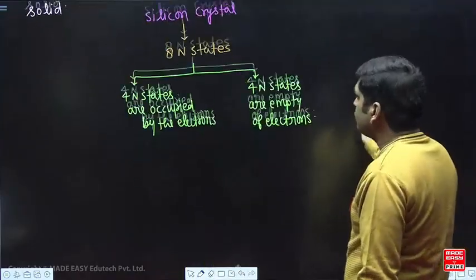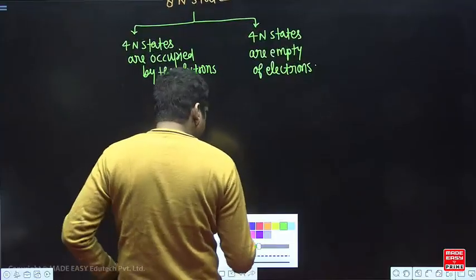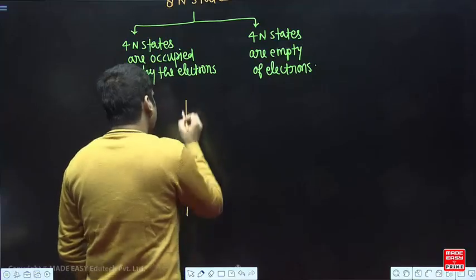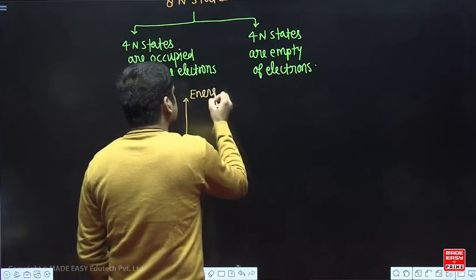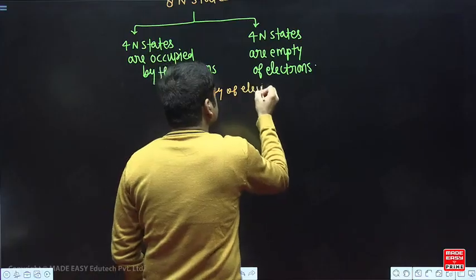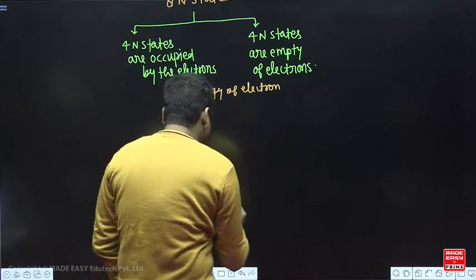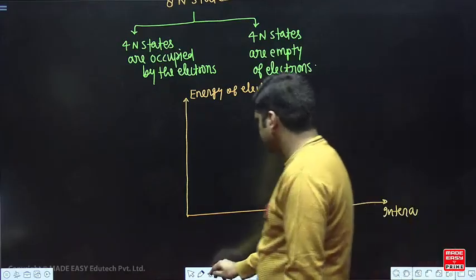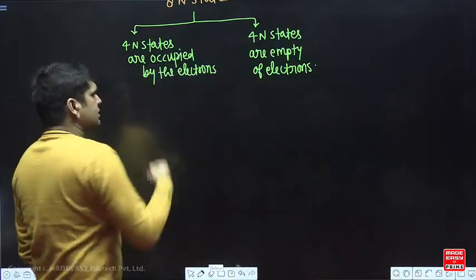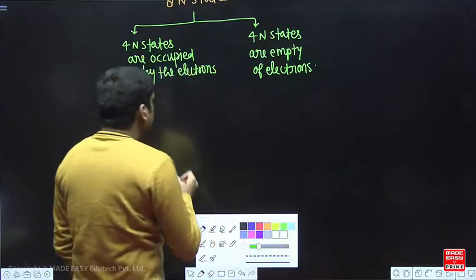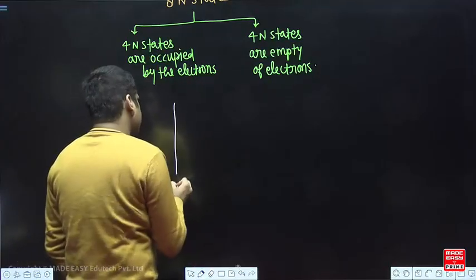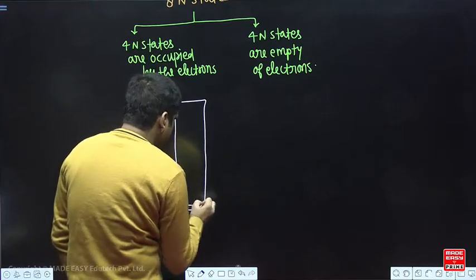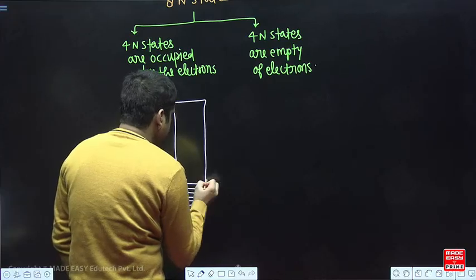So if I want to draw the band diagram, then I will have it like this. Energy of electron, and interatomic spacing. Rather, directly leave it. Unnecessarily don't make it complex. So out of these 8n states, 4n will become bonding states.